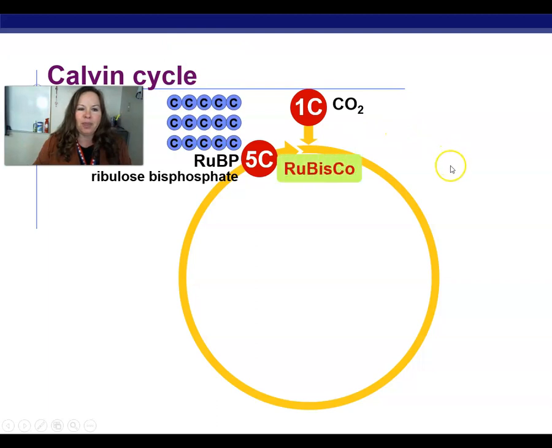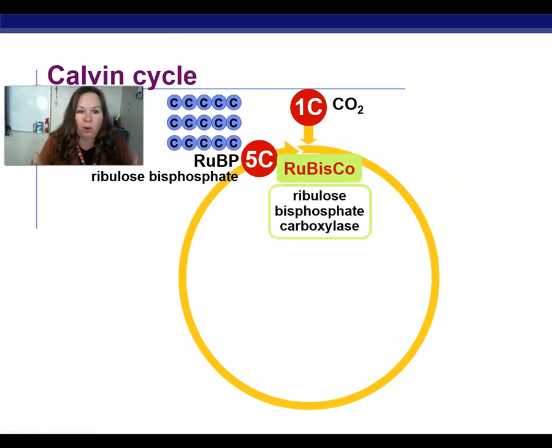And so maybe, I don't know, this might be the most important enzyme in the world, possibly. It's called ribulose bisphosphate carboxylase. I think I just spit there. I got so excited. Or Rubisco for short. Such an important enzyme.